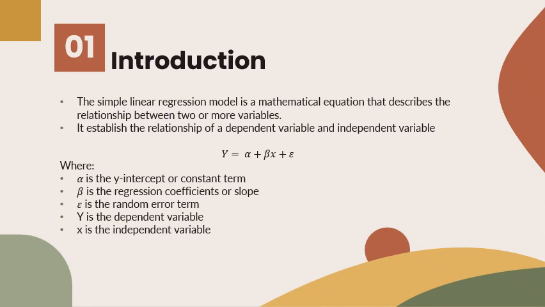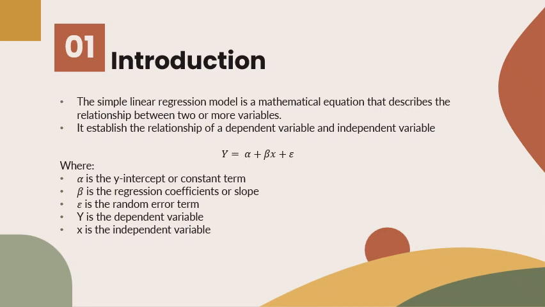What is the difference between regression and correlation? Regression establishes the relationship of the dependent variable and independent variable. And besides describing the relationship between two or more variables, we can also use it for predicting based on the regression equation model that has been proposed based on the data.